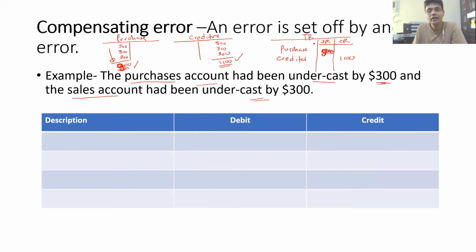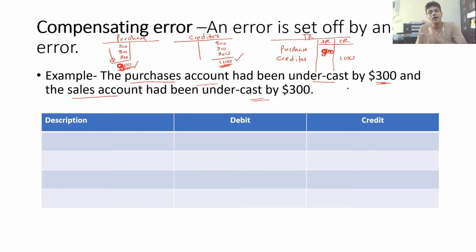Take the total and you put it on the debit side. So when you took the balance, the total is taken as 800, your purchases, whereas creditors balance is 1100. So therefore, it is obvious your trial balance is not balancing, right? Here 800, this is 1100.